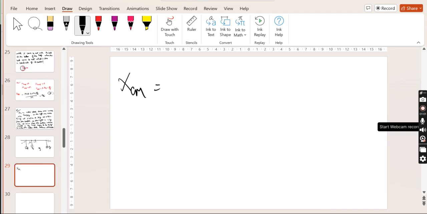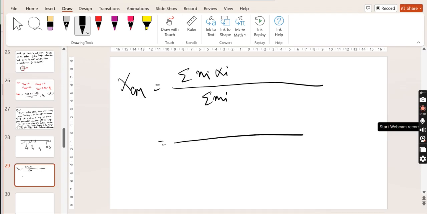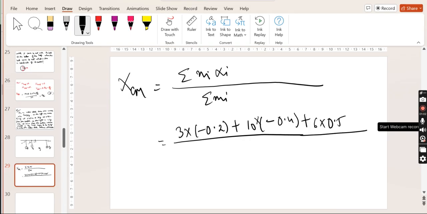So the x coordinate of the center of mass will be sum of m i x i by sum of m i. So first 3 gram at minus 0.2, plus 10 gram at minus 0.4, plus 6 gram into 0.5, plus 4 gram into that x.